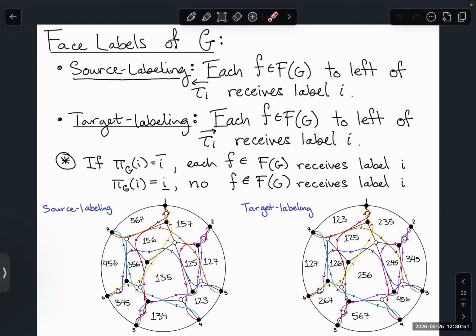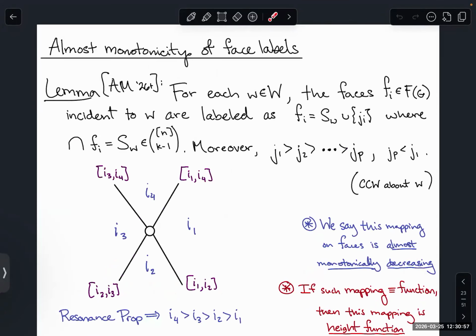All right, so that was a lot of information about what we can do with strands. I want to give an example of why I want all three of these things with strands. There's a lemma to show that as we look at any white vertex, we could dually define this for black vertices, but I think it's easier to state in terms of white vertices, the faces around that white vertex are labeled by some common k minus 1 subset of n plus some other singleton that's changing.